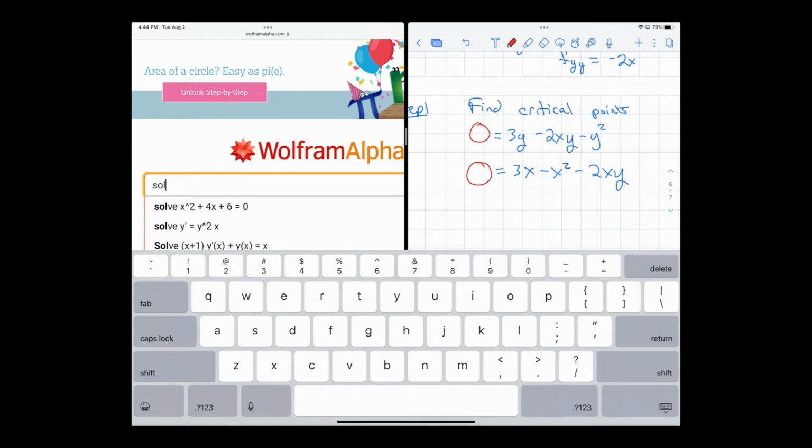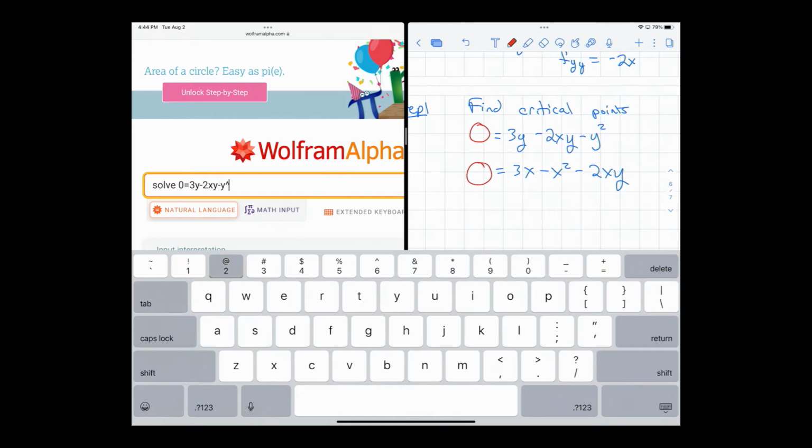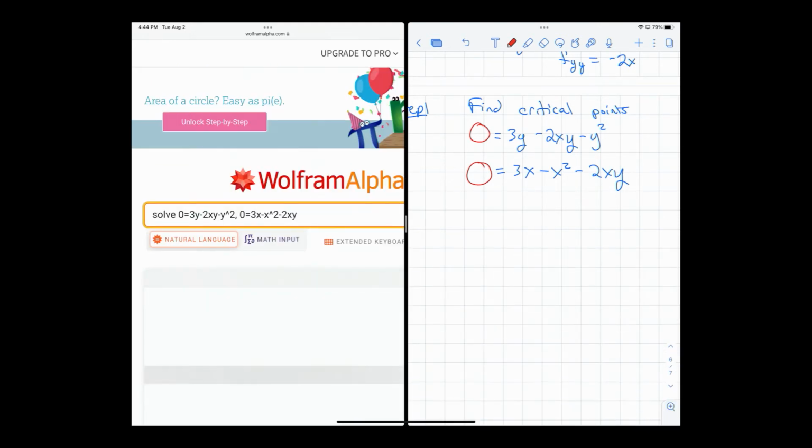So we'll say solve: 0 equals 3y minus 2xy minus y squared. The other one, 0 equals 3x minus x squared minus 2xy.